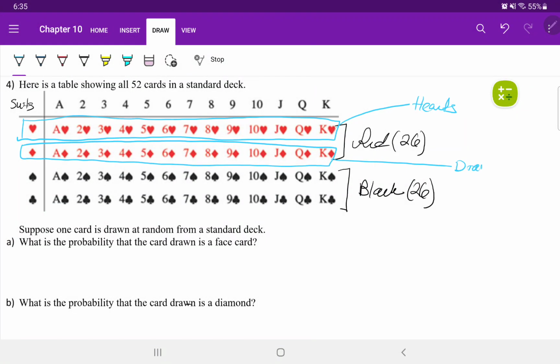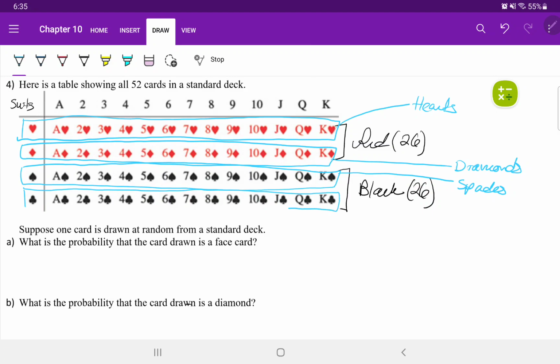The third one is called spades. And the last one we call clubs. Some people call them clovers, but we call them clubs.